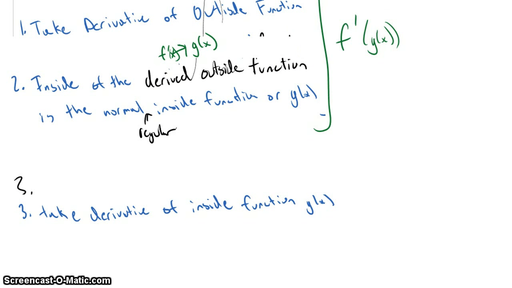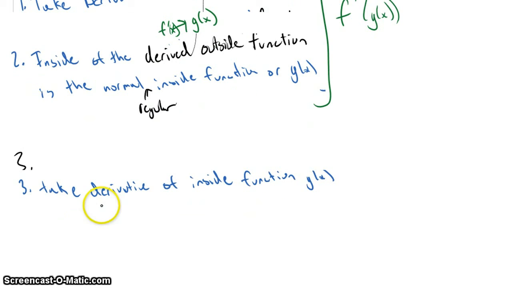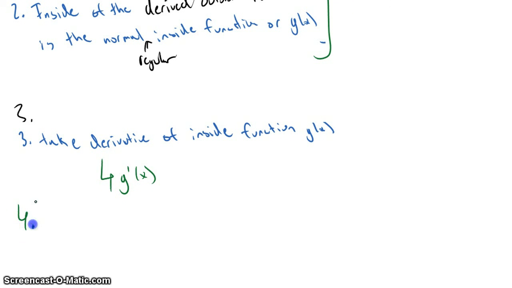Okay, so we're going to take the derivative of the inside function g of x, which will give us the derivative of g of x, and then you're going to want to multiply the derivative of g of x by the derivative of f of g of x.